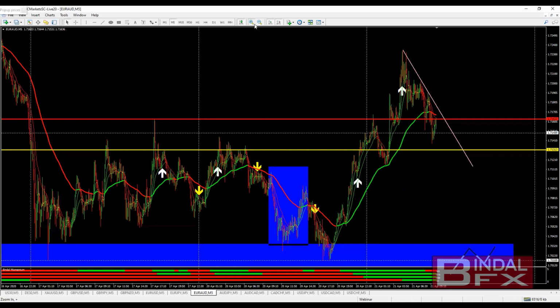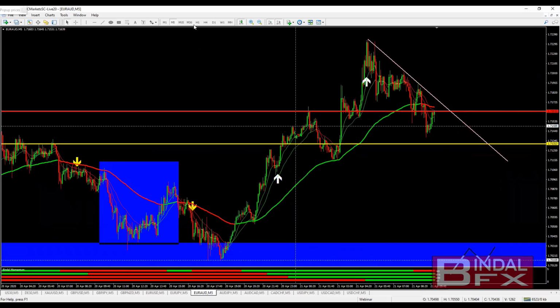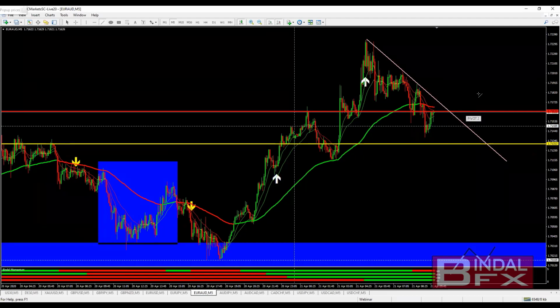On the long side, on the intraday basis, what I'd want is either a double bottom at yellow, or a break and a W shape here. And if we get that W shape above red, then we can look for longs. So something to keep in mind.